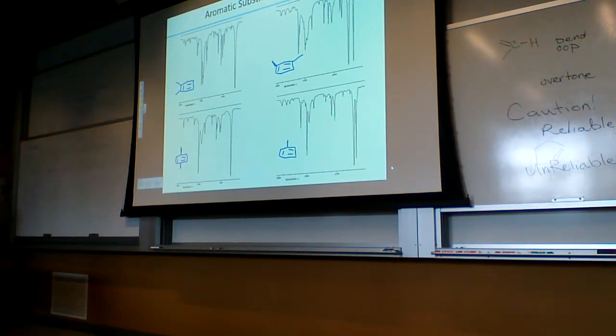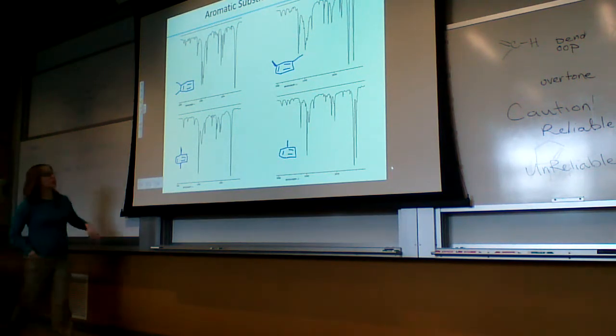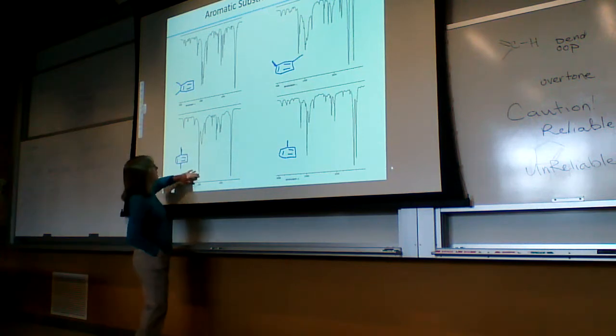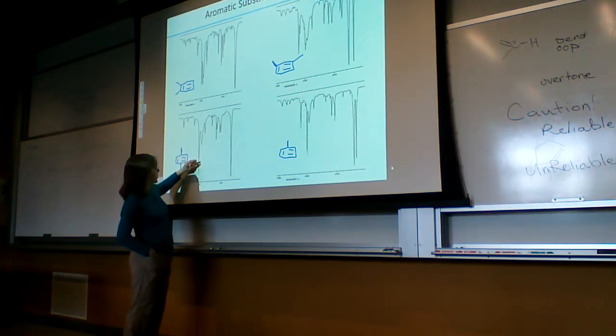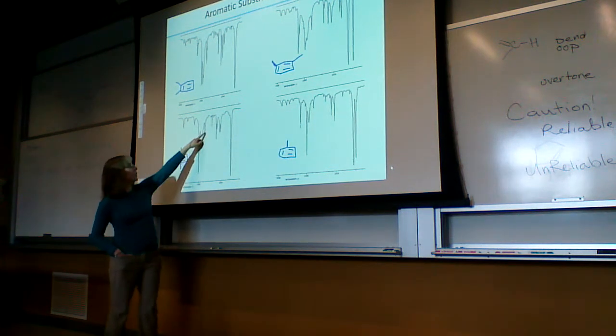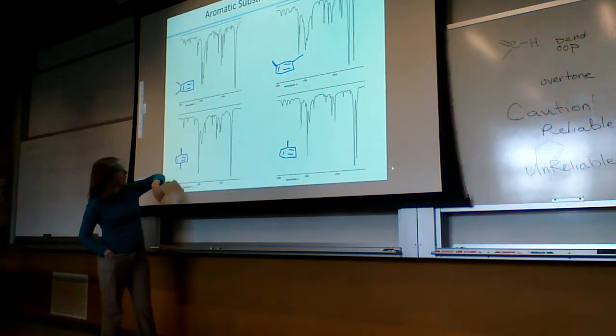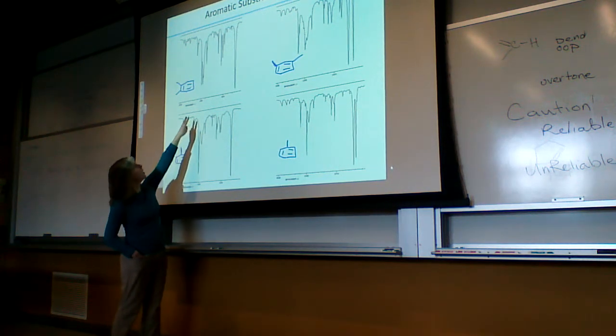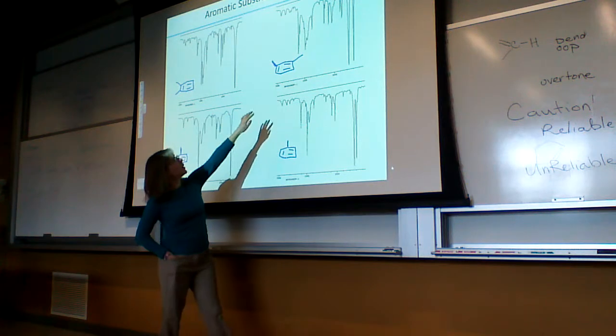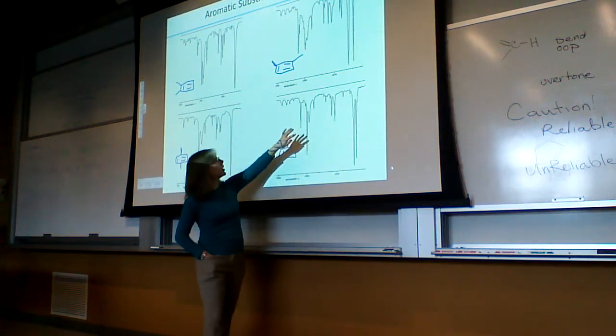So if you look at the double bond region, we see that they each have the aromatic CC double bond pairs, so we have 1500 and about 1400 there. We see the two there, two there, two here.